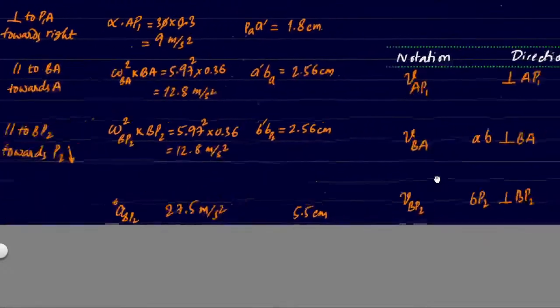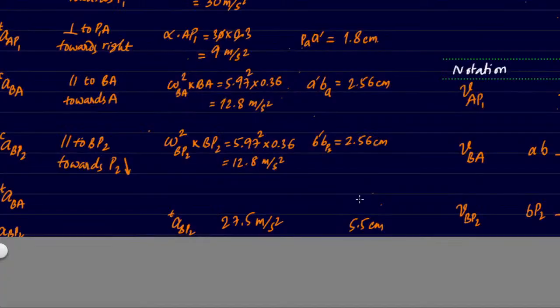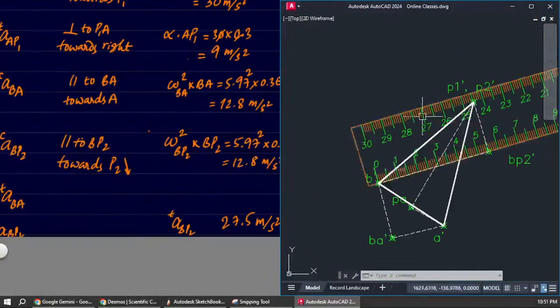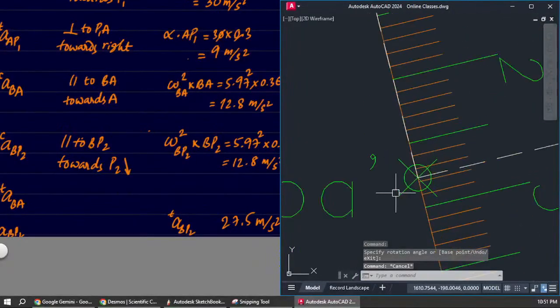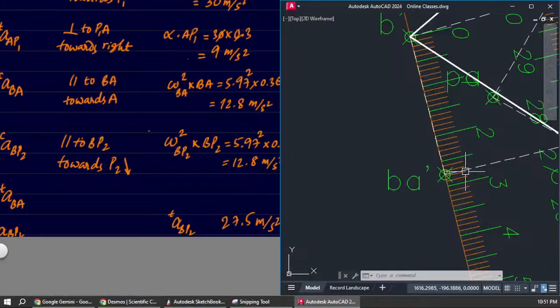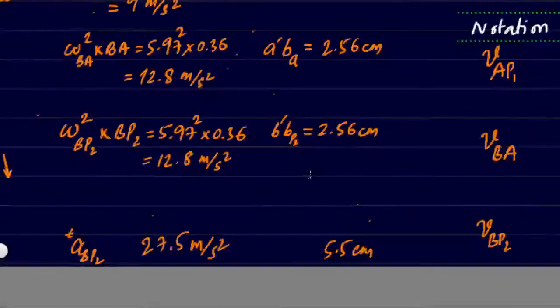Same way we'll have to find the other one. Okay. So for the other one, the other tangential acceleration is this one. So we will take it. Yeah. That is 2.25 or 2.3. Sorry, 2.8.